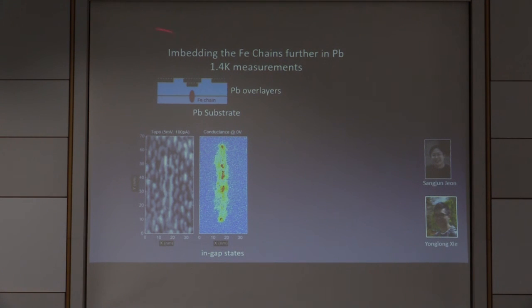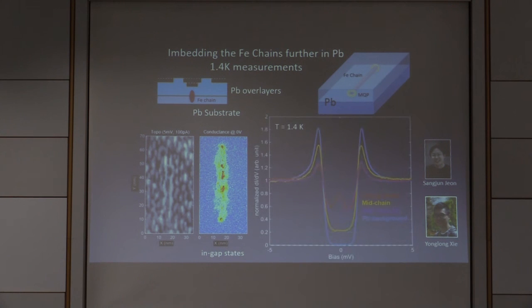They are doing this by evaporating lead on top of these chains. What happens in that case is that you still have a zero bias peak at the end of the chain, and the background conductance away from the chain is heavily reduced.